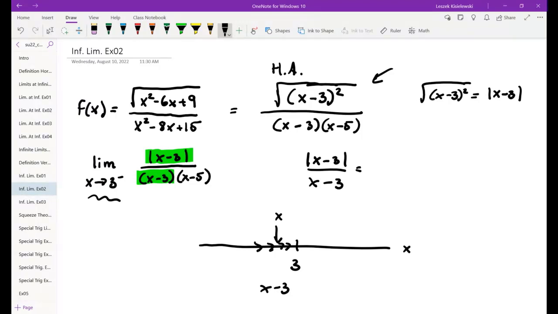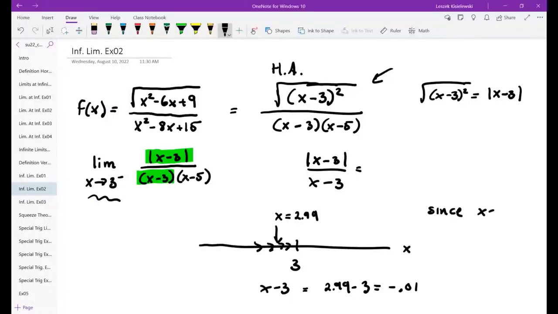So x minus 3 must be, okay, so for example, x could be like 2.99. It's a test value. So x minus 3 would become 2.99 minus 3. So you owe somebody a penny, I guess. Okay, so it's negative.